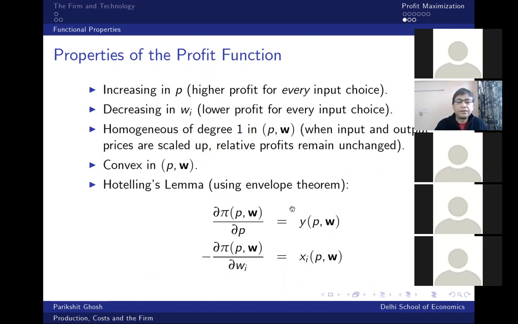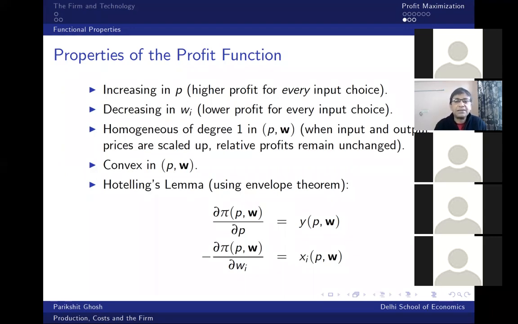But the fact that the production function is concave doesn't change, right? It doesn't change, but there are two completely separate questions. What are the implications of a concave production function or decreasing returns to scale on A, the cost function, and B, the profit function? Here we are talking of the implication on the profit function.